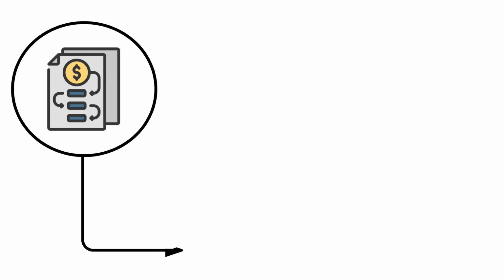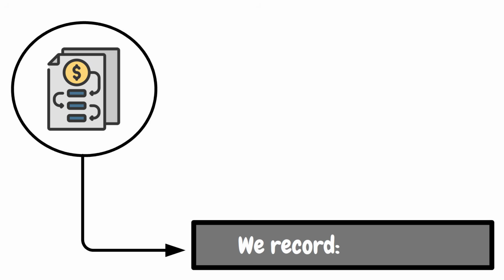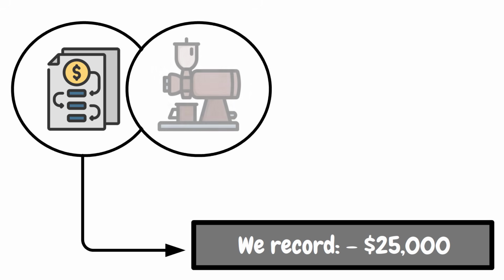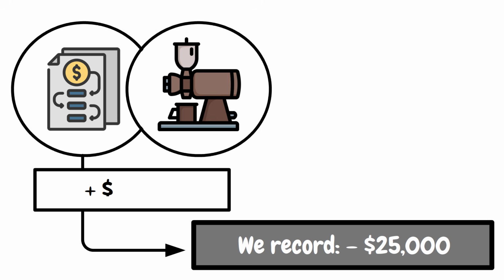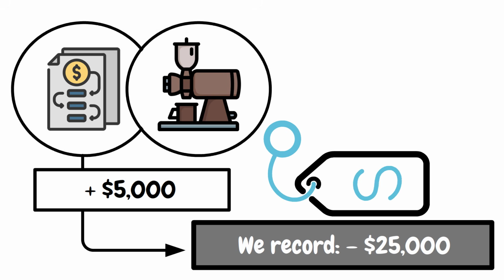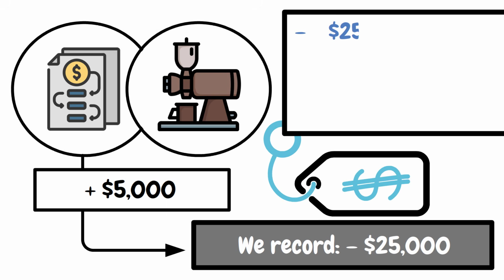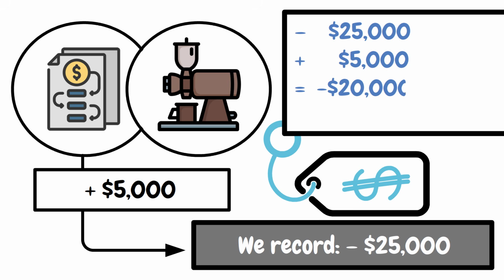So on the cash flow statement, under investing activities, we record negative $25,000. Now, if she later sells old equipment for $5,000, that would show as a plus of $5,000. So her net investing cash flow would be negative $25,000 plus $5,000 equals negative $20,000.